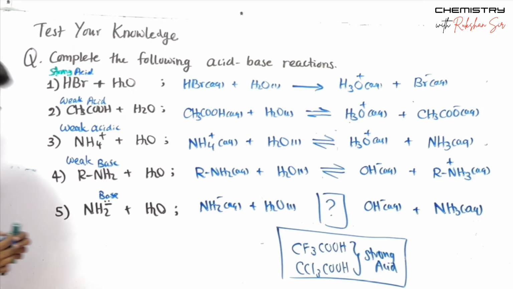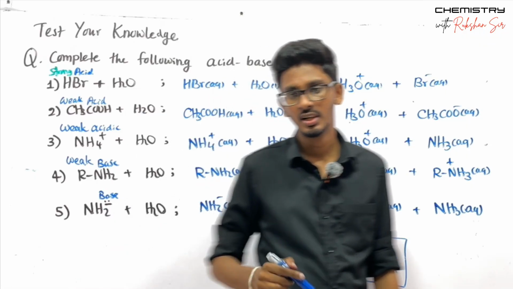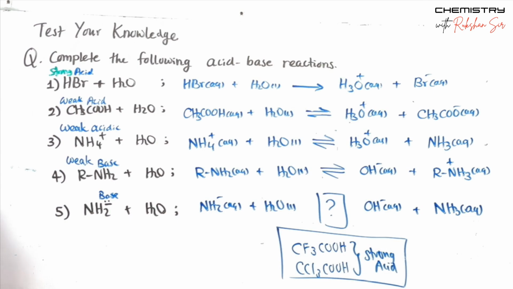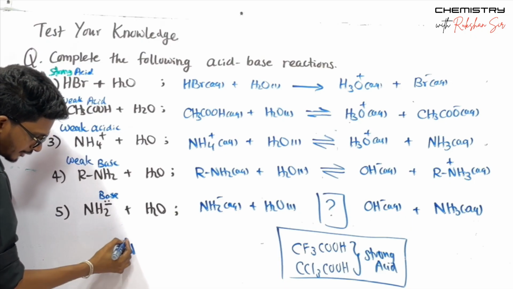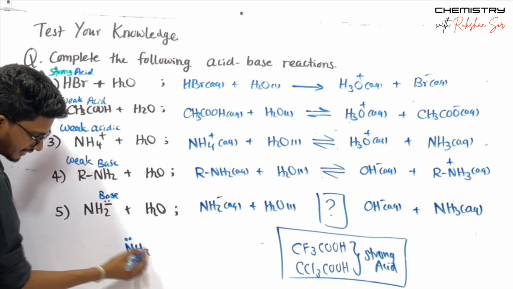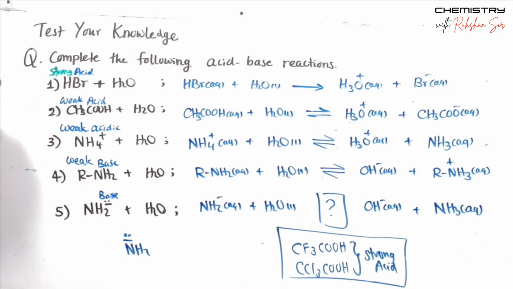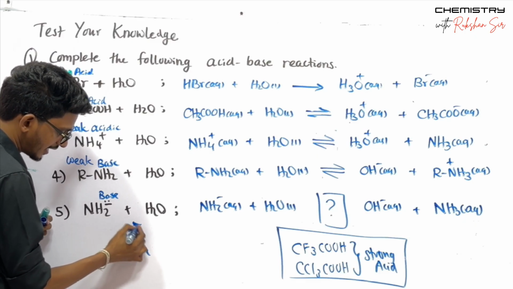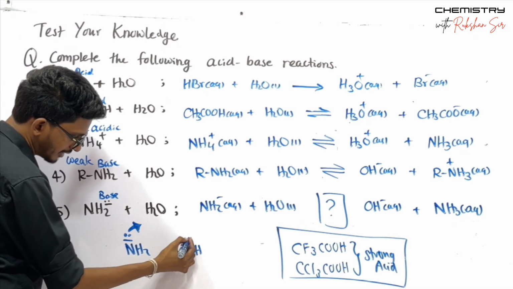NH2 minus. Now NH2 minus is a strong base, as we talked about earlier. The ability of NH2 minus to release the lone pair is greater than that of OH minus, because the lone pair is appearing on the nitrogen, which is less electronegative. So the release of this lone pair is greater than the release of the lone pair of the OH minus.